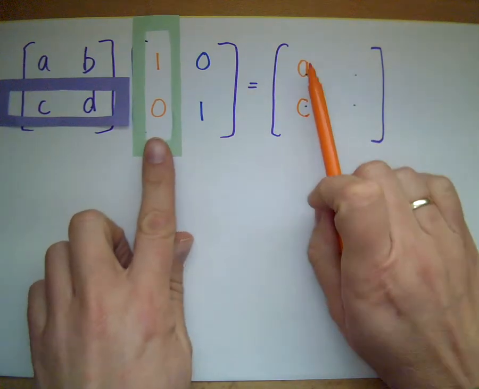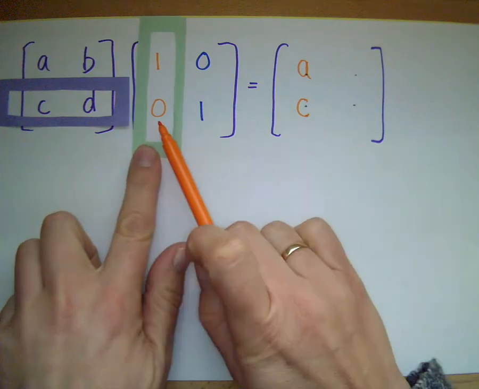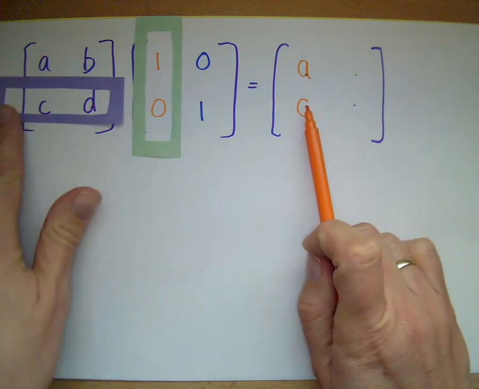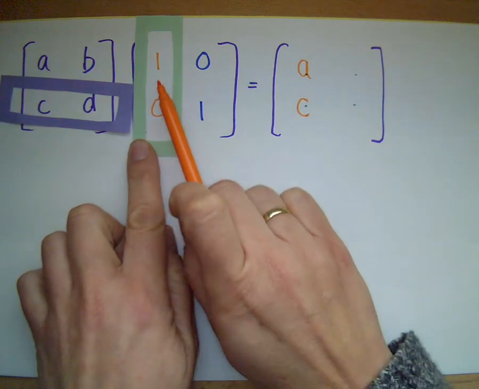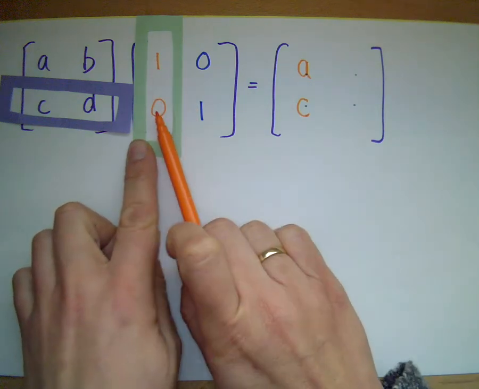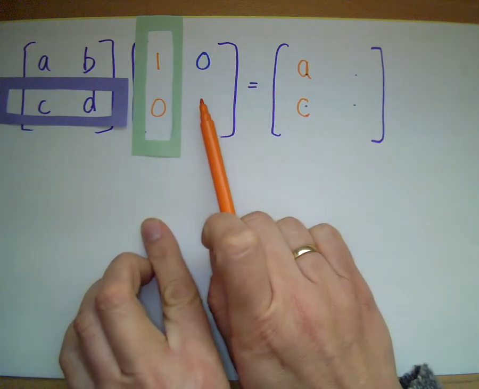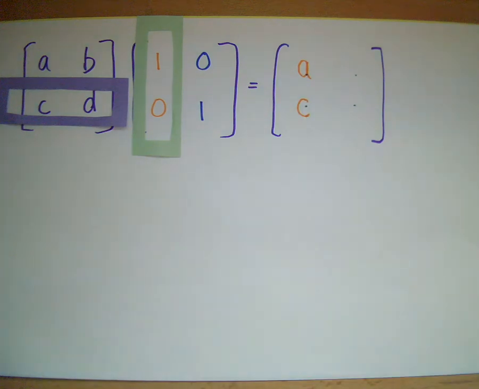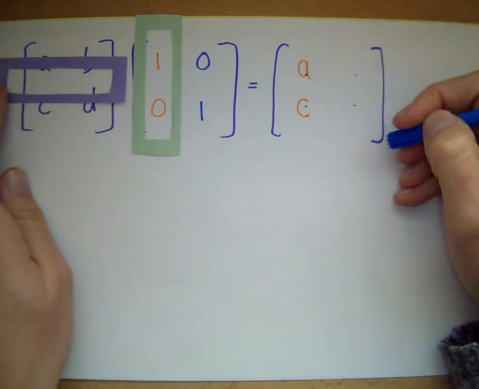I've made them orange because I want you to see that these are a result of multiplying both rows by this column. So these are a result of only this column and this entire matrix, but not this column, right? We didn't use these blue numbers to get these, because we use the blue numbers to get these 2 numbers.